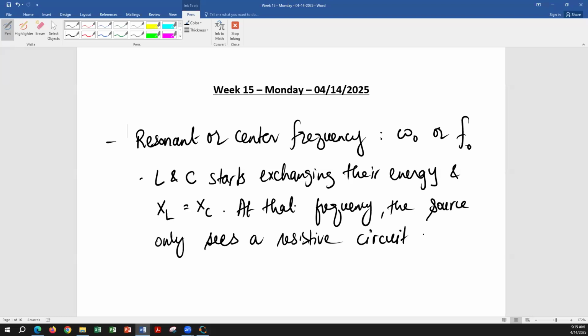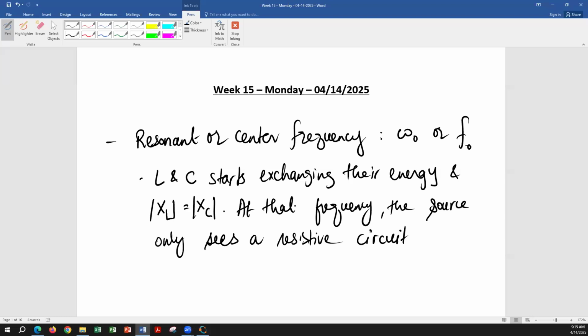They start exchanging energy with each other. Since XL is positive and XC is negative, they become equal in magnitude. I should write down magnitude, not the sign, of course. The magnitude of XL becomes equal to the magnitude of XC. They have opposite sign, so when they become equal to each other at that specific frequency, the center frequency omega naught or f naught, they cancel each other because they're connected in series.